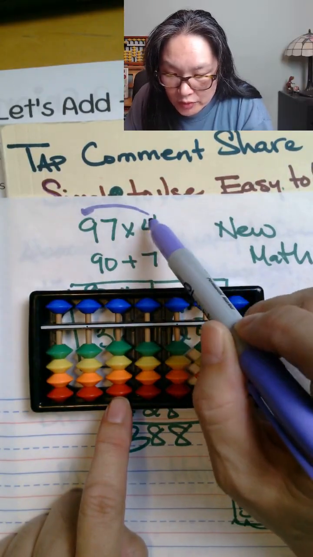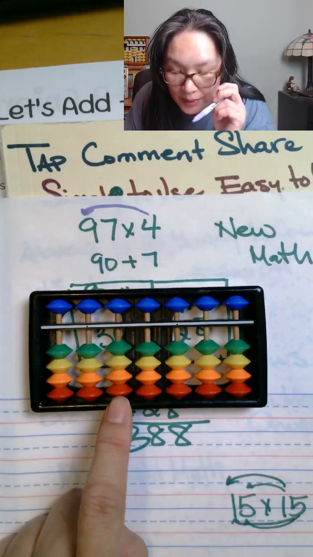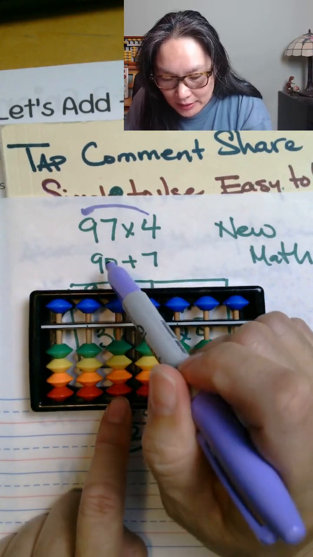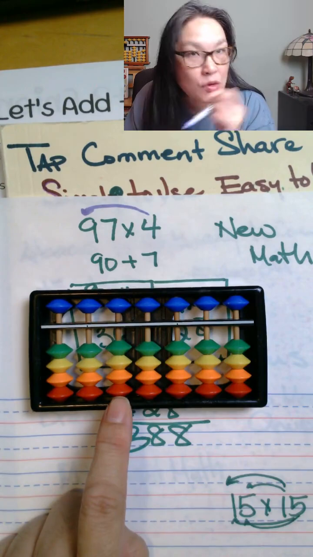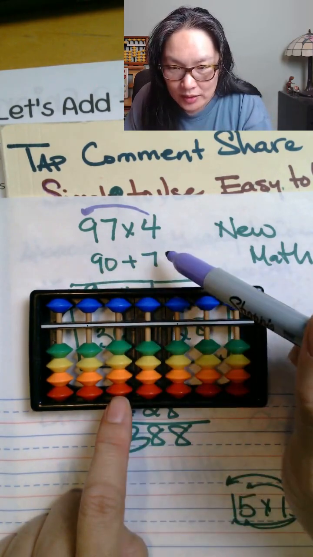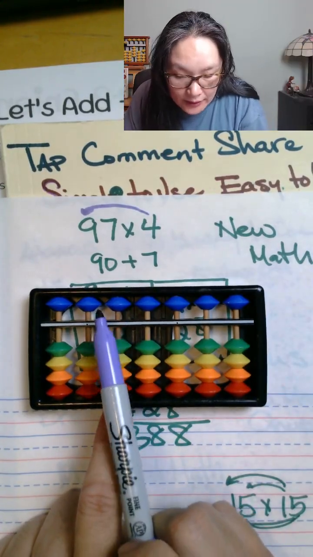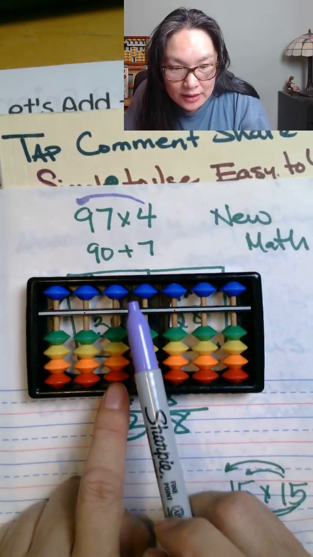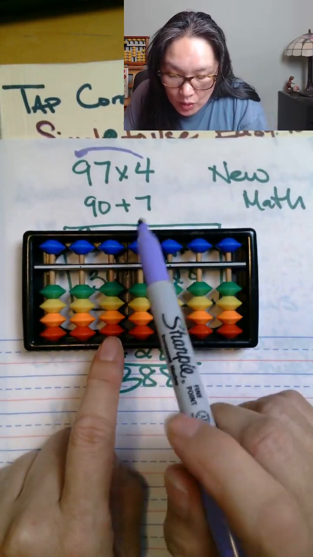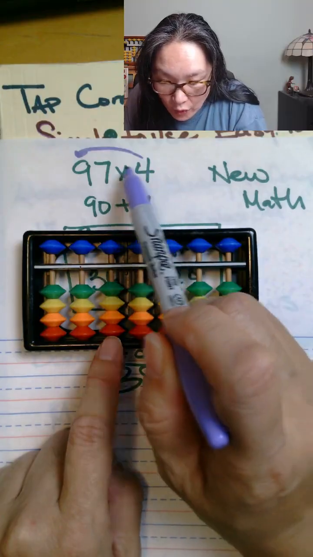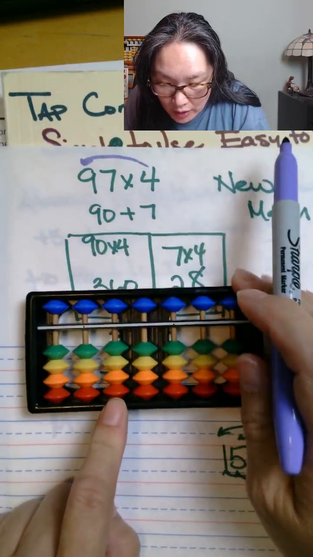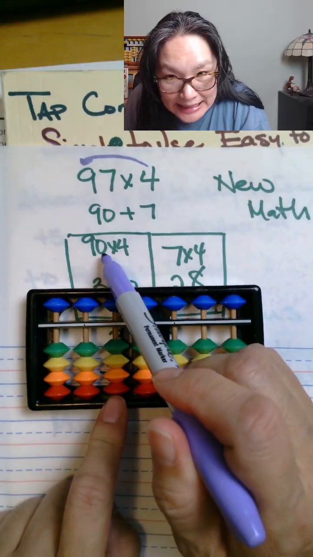What we're going to do is 4 times 9. But the way they broke it up is because in new math, they're writing it out. In Abacus, we don't need to write it out because the Abacus keeps track for us. So 4 times 9 is 36. We don't say 90 times 4.